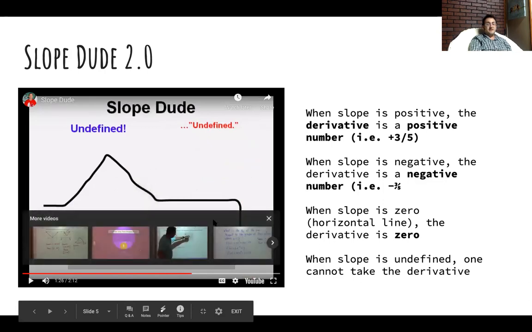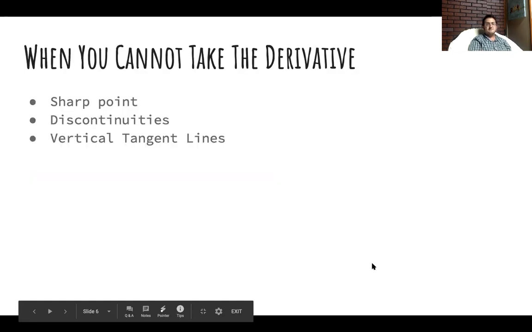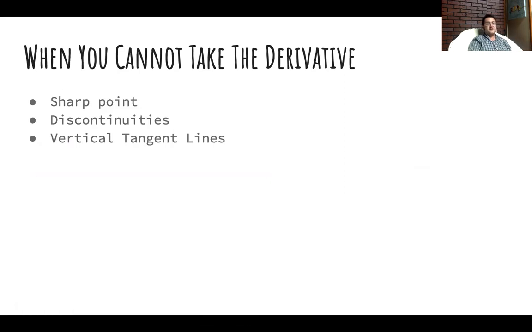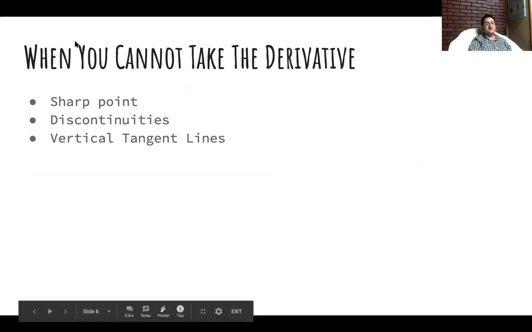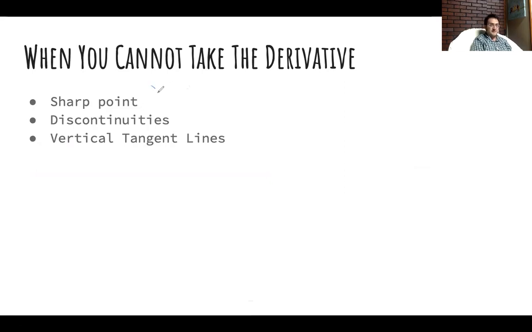Undefined. So when you say undefined, what that means is not only can you not really get a real number when you're computing the slope, but you actually cannot compute the derivative when you have an undefined slope. So other places where we can't take derivatives: sharp points on graphs, like maybe the base of an absolute value function, that's what I mean by a sharp point.